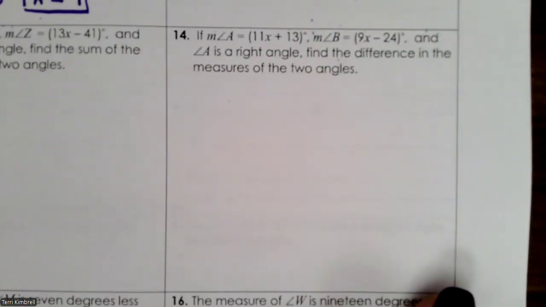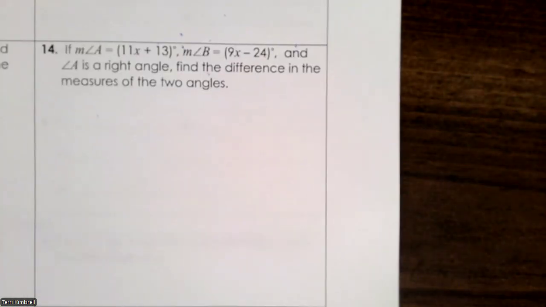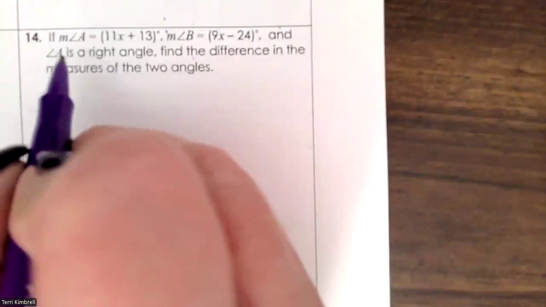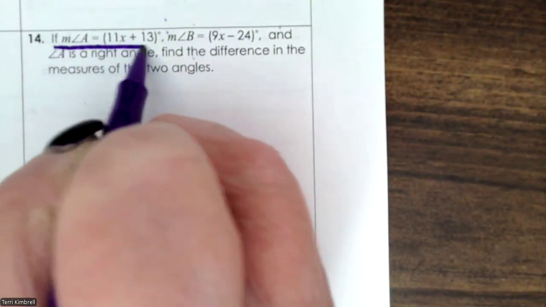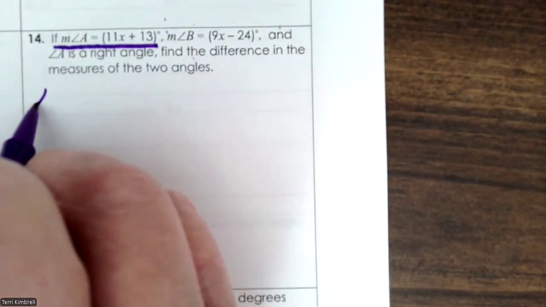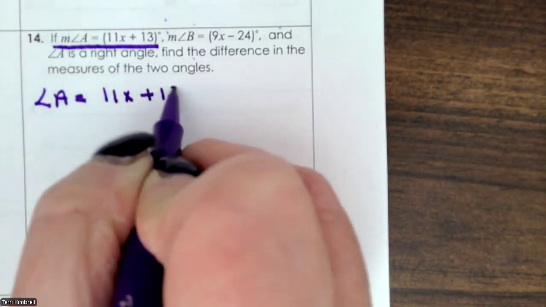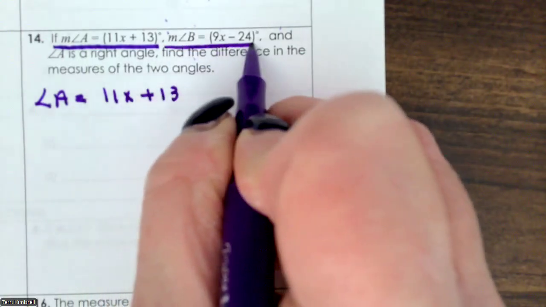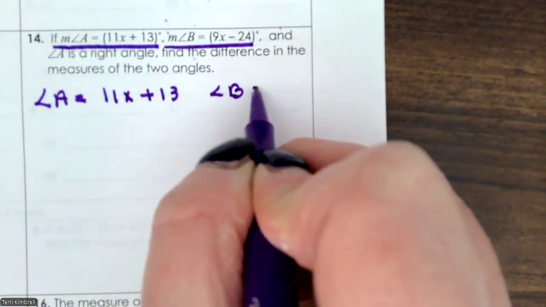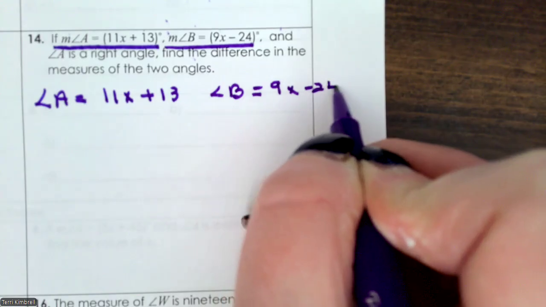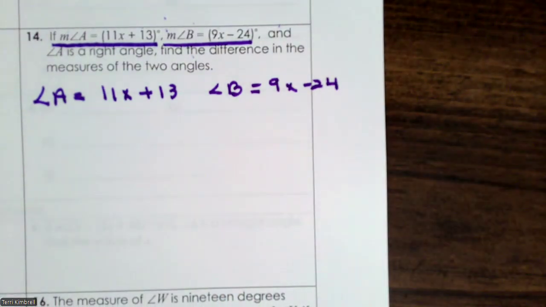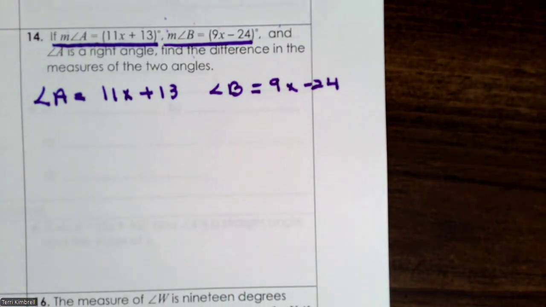Okay. Going to question 14. This one says angle A is 11x plus 13. Angle B is 9x minus 24. And it says here that angle A is a right angle.